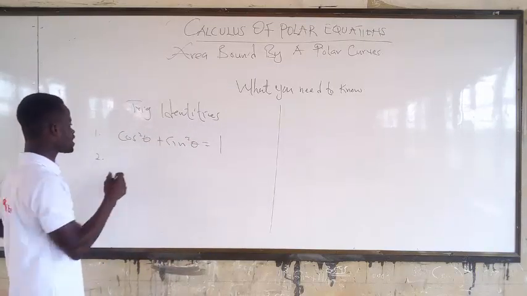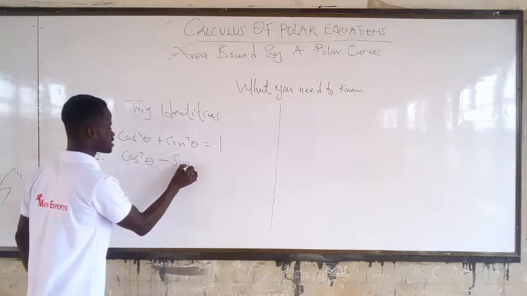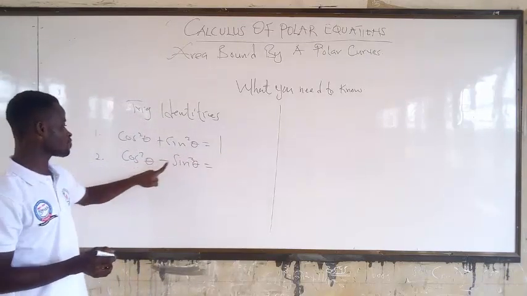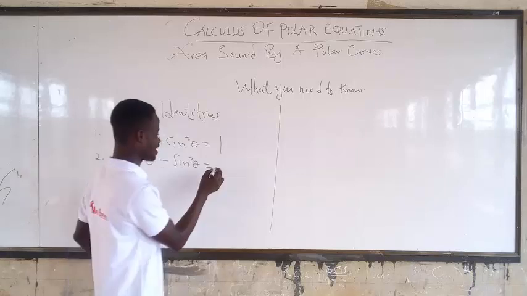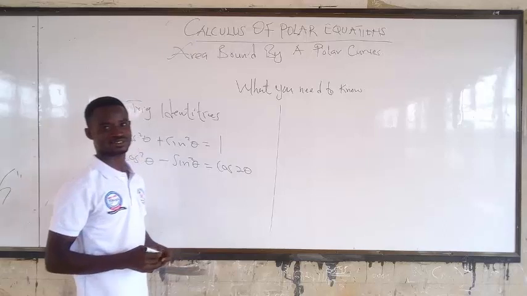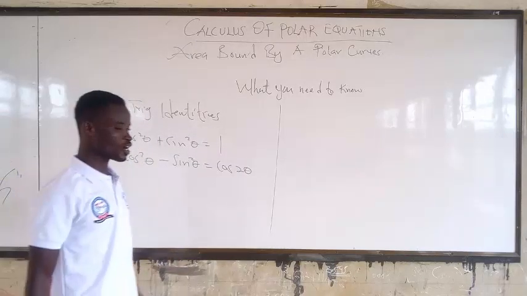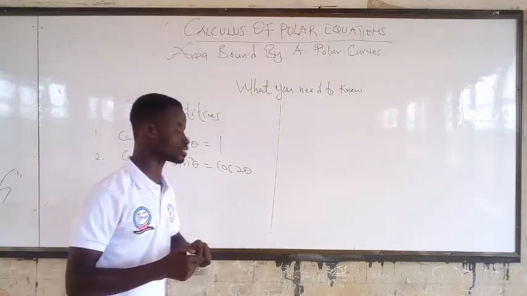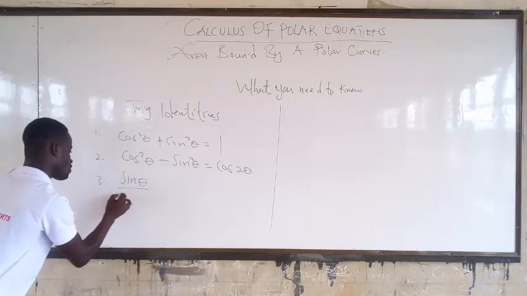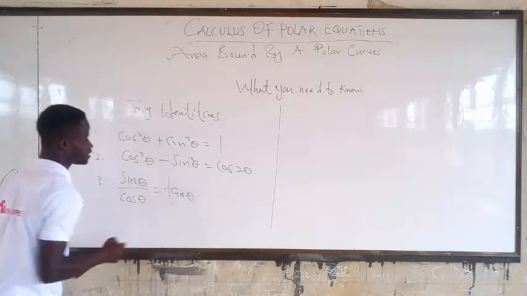2. We will be meeting something like cos squared theta minus sine squared theta. If here is plus, it's 1. If here is minus, it's what? That's from the double angle, cos 2 theta. You need these two. Alright? You also have to know that sine theta over cos theta is going to be tan theta.